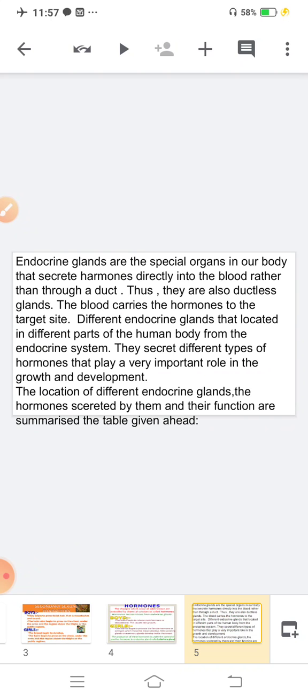Thus, they are also called ductless glands. The blood carries the hormones to the target site.